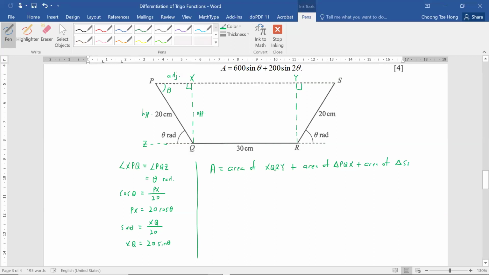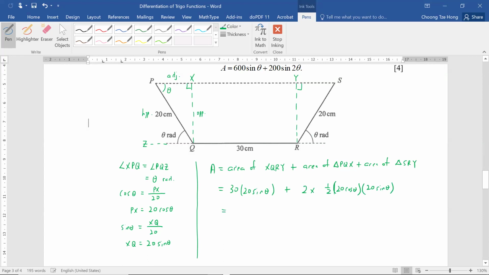The area of the rectangle XQRY will be 30 times QX, so 30 times 20 sine theta, plus the two triangles. Both triangles are congruent, so we can just write 2 times half times base, where the base is PX, 20 cosine theta, times 20 sine theta.